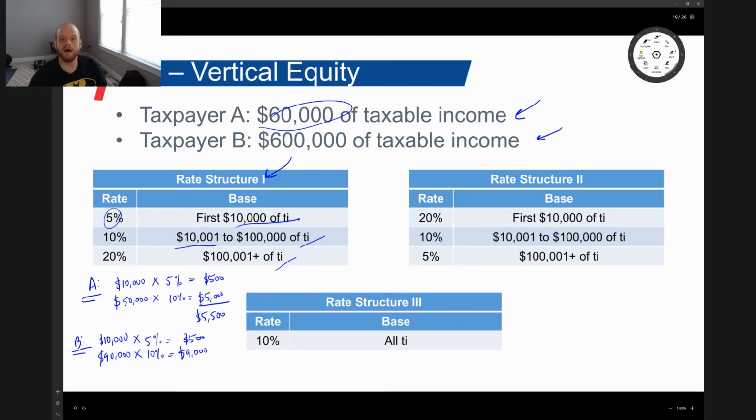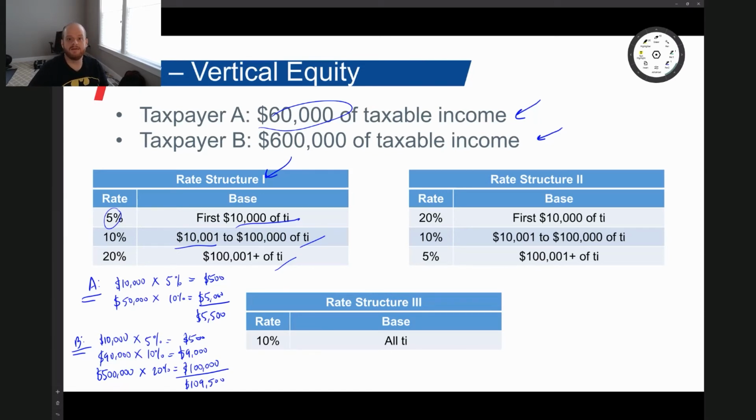And anything above $100,000, so we have $500,000, is going to be taxed at 20%. So that is $100,000. So overall, taxpayer B is going to owe $109,500 of tax.